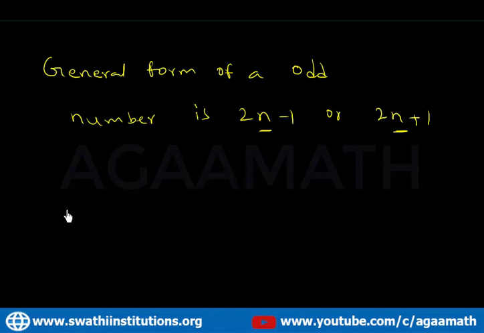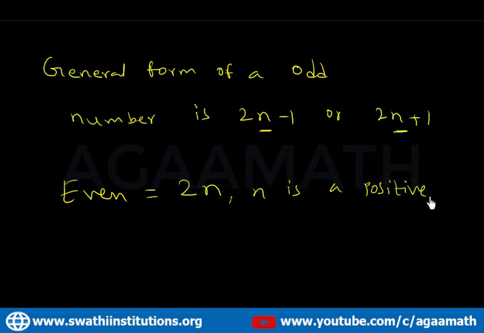So what is the general form of even? The general form of even is 2n, where n is a positive integer. What is the general form of odd? It is 2n minus 1 for n a positive integer.